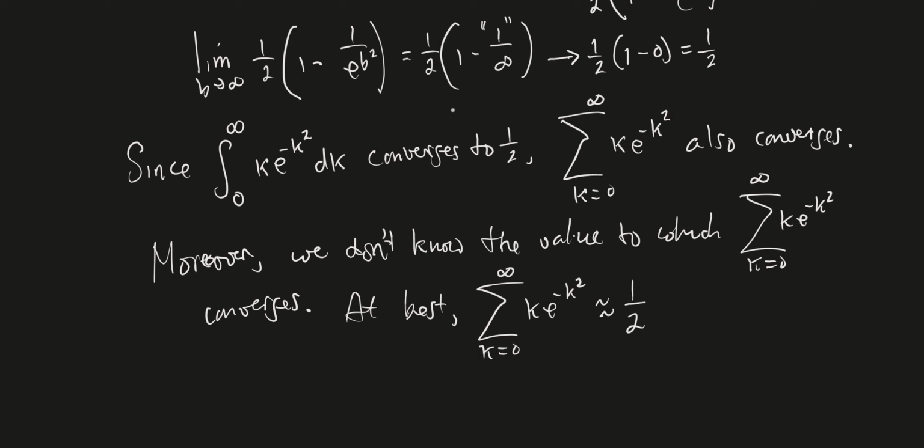So there's exactly 1/2 square units of area under this curve over the interval 0 to infinity. There is approximately 1/2 square units of area under those rectangles over the interval 0 to infinity. And that's our integral test.